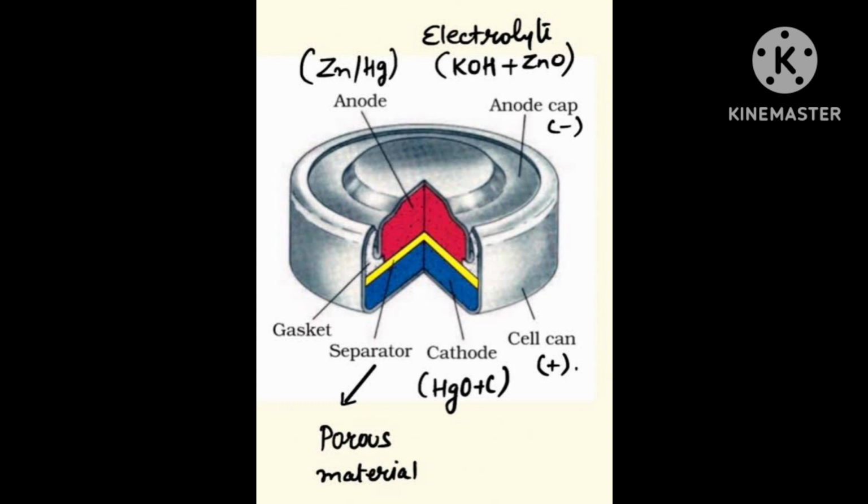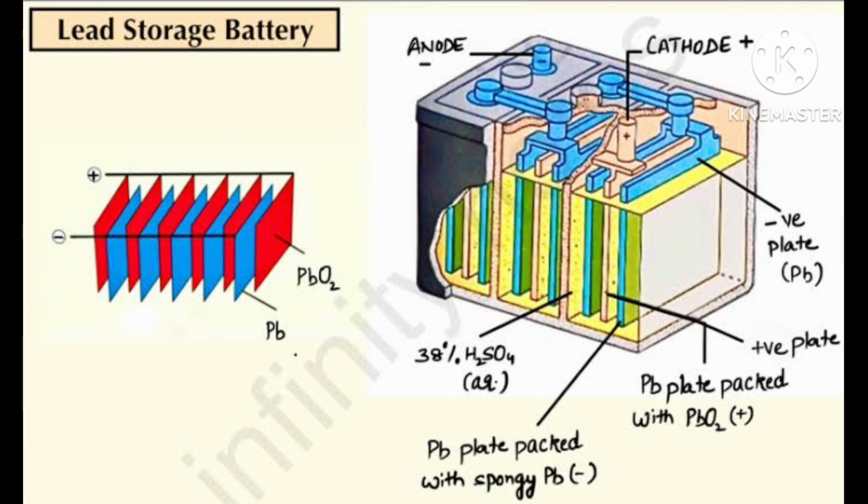Here no solution is there, no ion is there, that's why this voltage will be constant. This I have told about the mercuric cell, and this is very, very important. In real life also it is used, and in examinations also this question is asked.